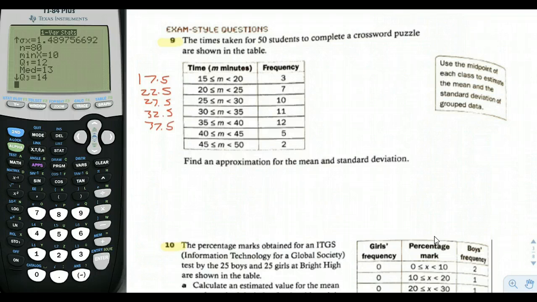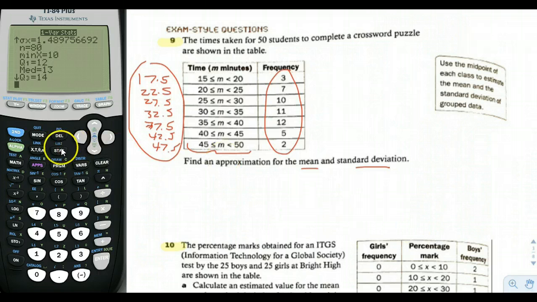So we need to take these middle points of each range, and we're going to put that in the calculator to represent the range. And then we're going to put this into list 1, we're going to put this into list 2, and then we're going to run one var stats, and we're going to find the mean and the standard deviation of that distribution. And when we do that, we are actually finding an estimate of this data.